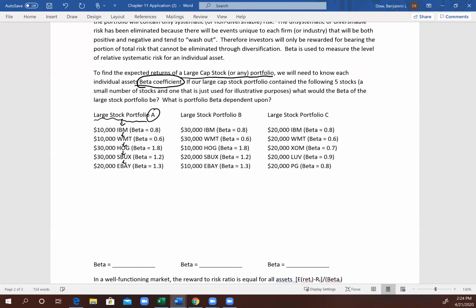Okay. So if we go in here and look at A, notice this portfolio is $100,000.